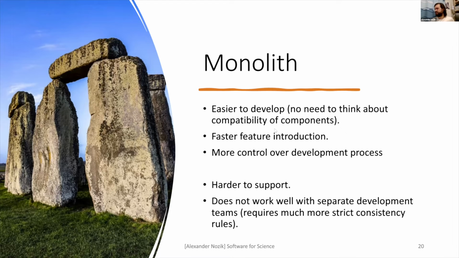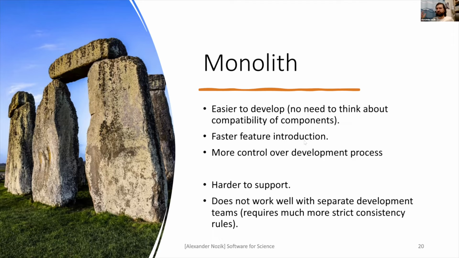Monolith is much easier to develop because you can always change things inside, and the user of this product could not see what's happening, and it's okay. You just change things to make them better. You can introduce features much faster. I hope you understand what I mean by features.